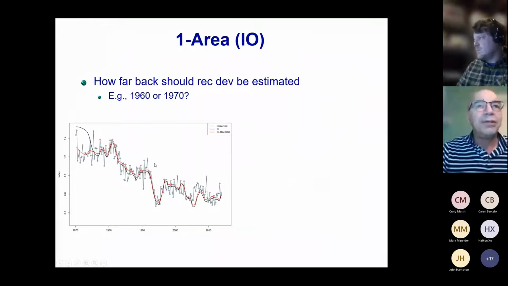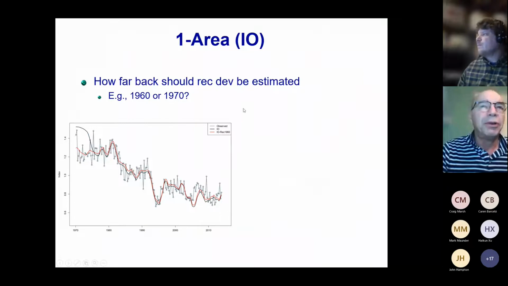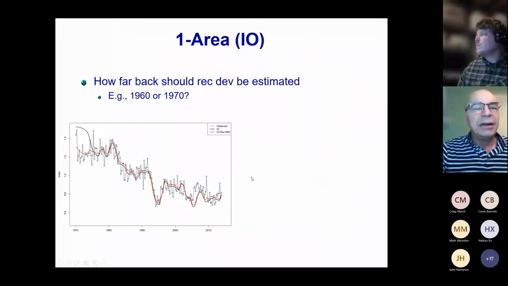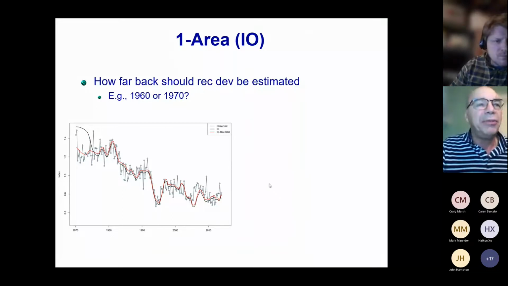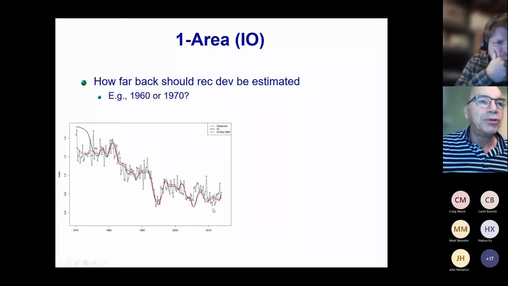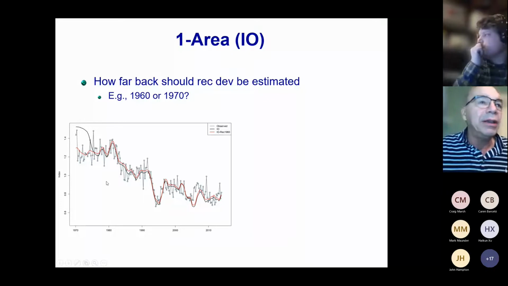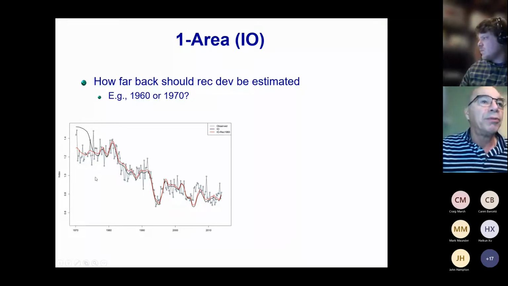Did some investigation of how far back to go with the recruitment deviations. Again, exploratory model runs. We don't have high quality information back there, and so I don't think we need to put too much weight on this, but it is good to see that by going back further with recruitment deviations, we have pretty negligible influence on the fit to the index later in the time series.